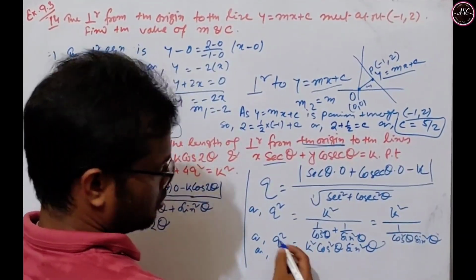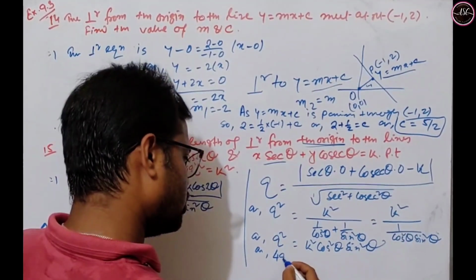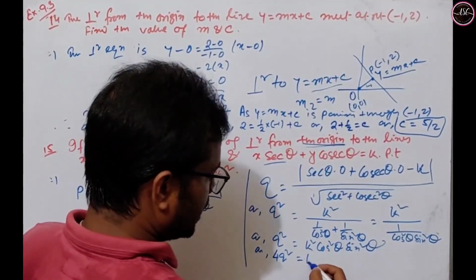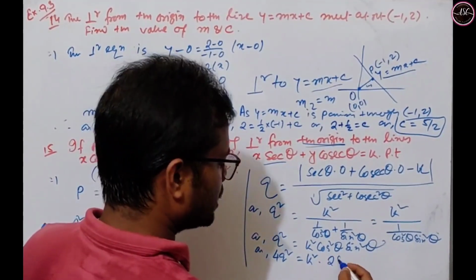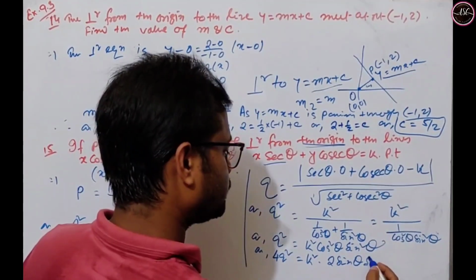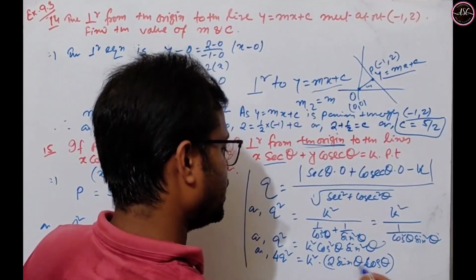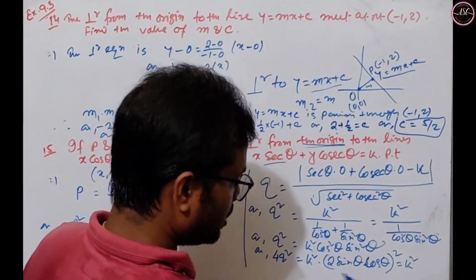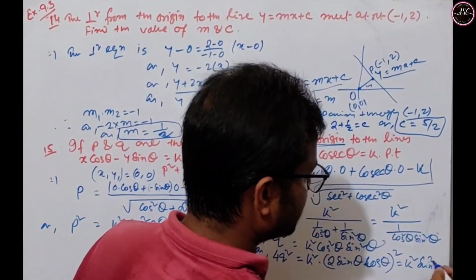Now multiplying 4 on both sides, 4q square equals k square into (2 sin theta cos theta) whole square, that means k square into sin square 2 theta.